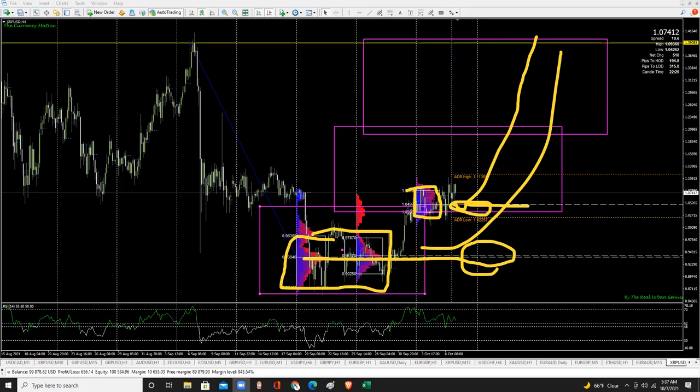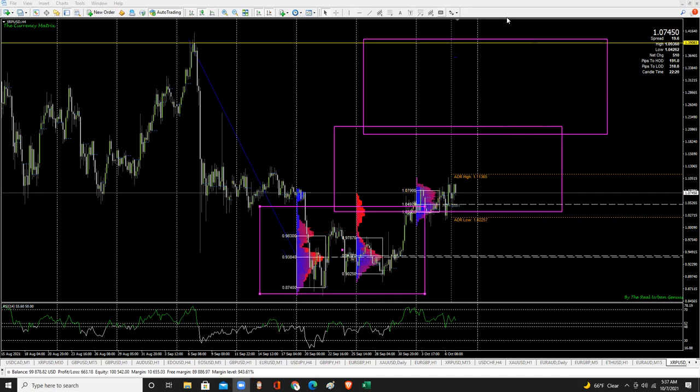Let's see, what other pair can we go over real quick? Also, if you take a look here at where price currently is here on XRP, here's the range.